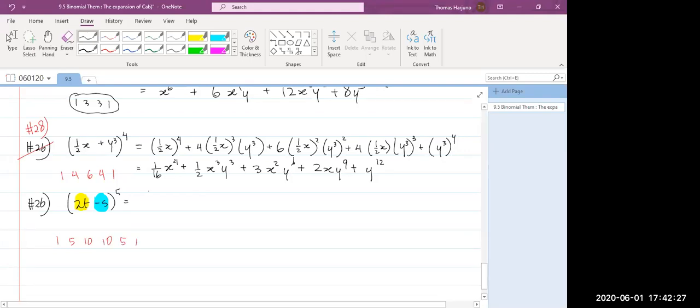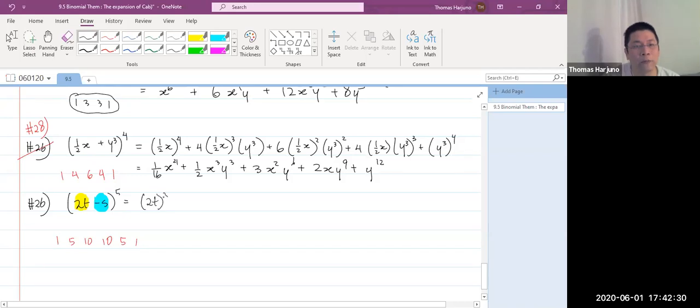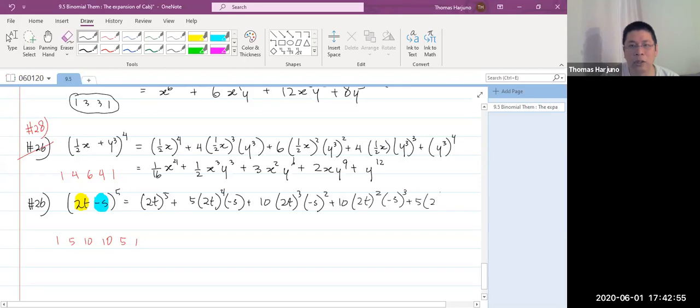So this will then be 2t to the 5th plus 5 times 2t to the 4th times negative s, plus 10 times 2t cubed times negative s squared, plus 10 times 2t squared times negative s cubed, and then plus 5 times 2t times negative s to the 4th, I'm sorry, and then plus negative s to the 5th.